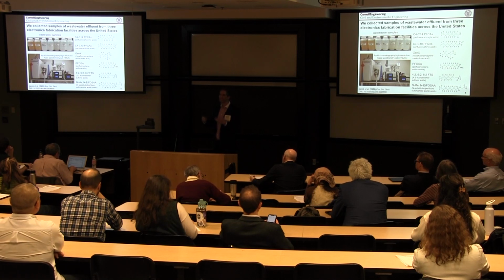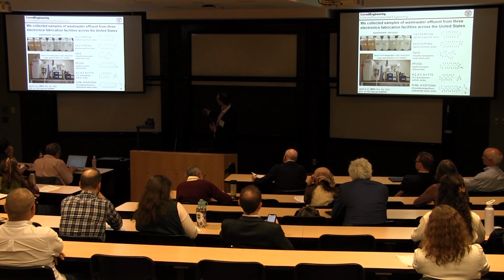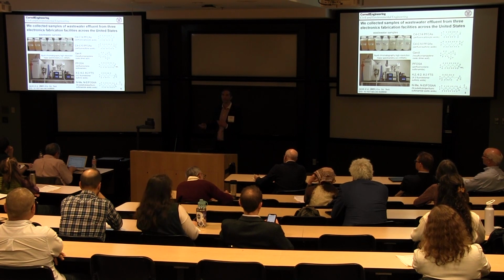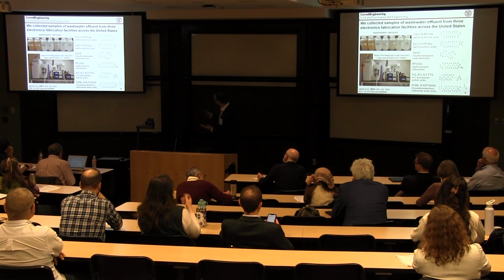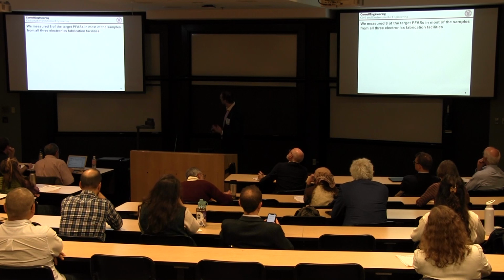There are actually 11 perfluorocarboxylic acids here, ranging in carbon number from 4 carbons to 14 carbons. So these classes are often present in homologous series, meaning that they're structural homologs that just differ by the length of this carbon chain. This will be important later, so I just want to point that out now. Okay, so we got these samples, we measured them in these 3 fabs.